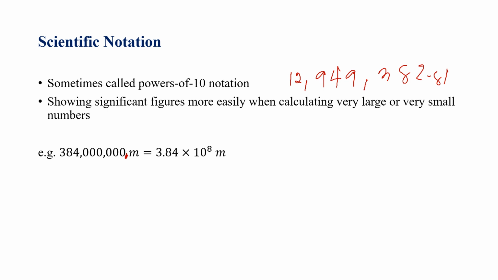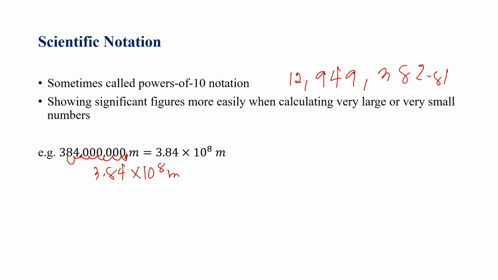Let's start: 1, 2, 3, 4, 5, 6, 7, 8. So we have moved the decimal place 8 times to the left. That means you have here 3.84 times 10 to the 8 meters.